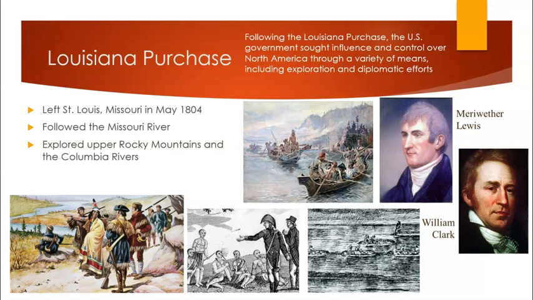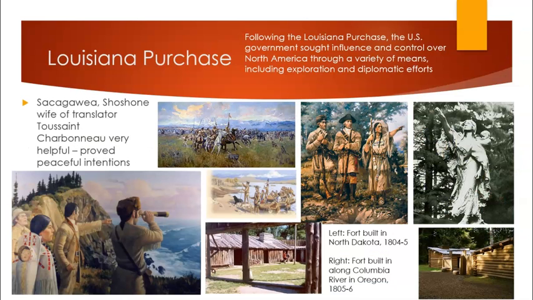The Corps of Discovery set out from St. Louis, Missouri in 1804, traveled along the Missouri River until reaching the Rocky Mountains, where they traded with the Shoshone tribe for horses that could get them through that rugged mountainous terrain. One of the translators that they hired happened to have a young wife who would prove to be particularly useful in these negotiations, because she was Shoshone, and she was not just a member of the tribe.